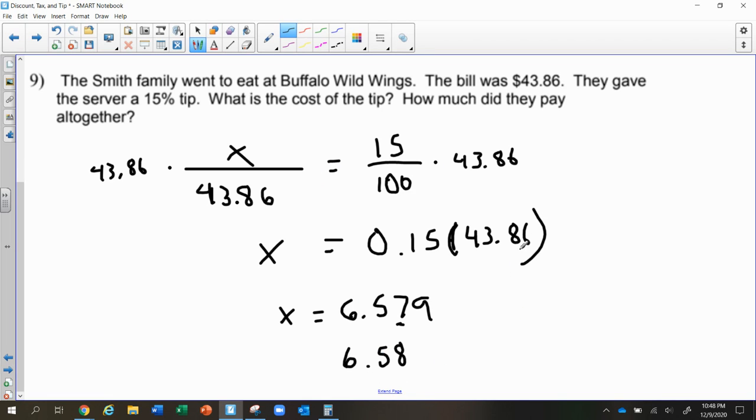Now this is where some addition comes in. So we're practicing a lot of different skills with this one. So we're going to add 6.58 plus 43.86.